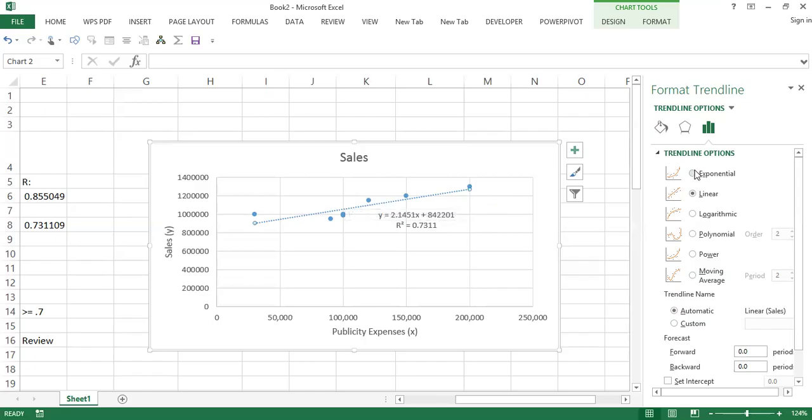So when do you use exponential? Use exponential when y tends to grow very rapidly in comparison to x.